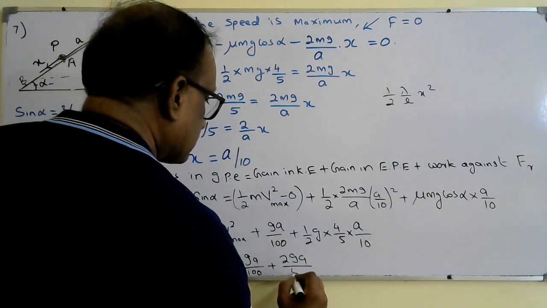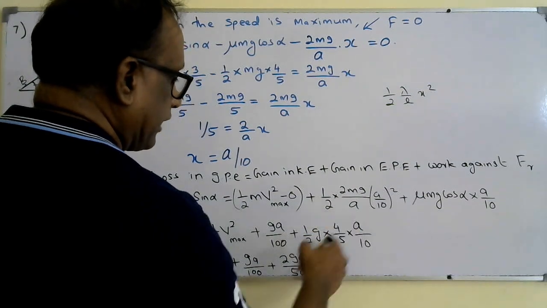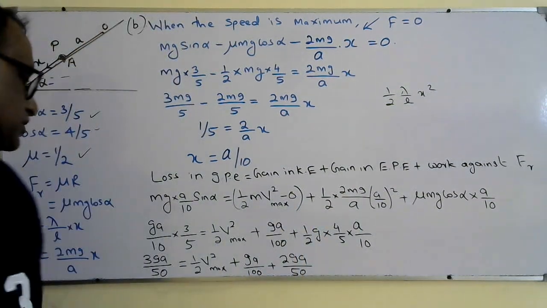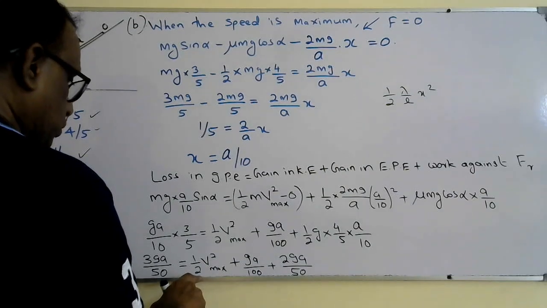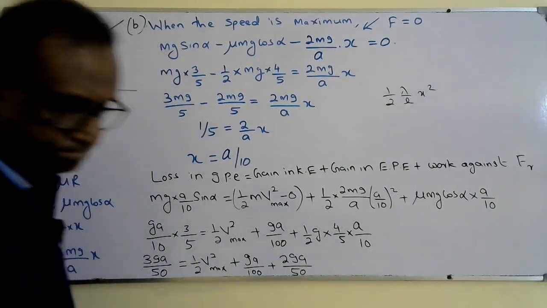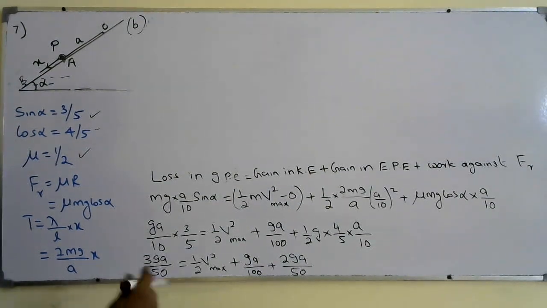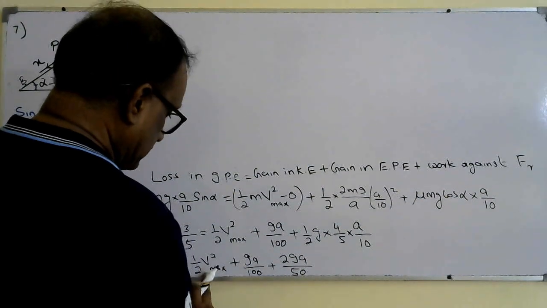Okay, so I can multiply the whole equation by 2, because there's a half.